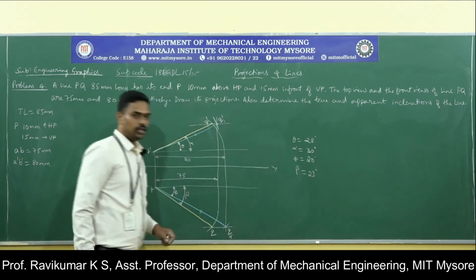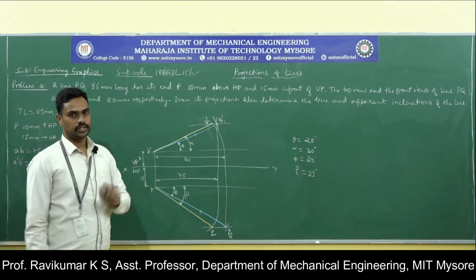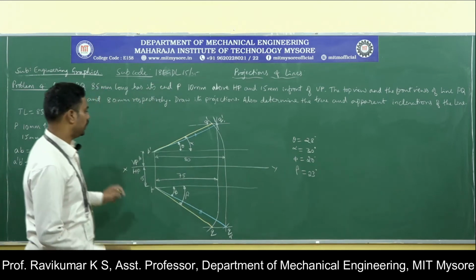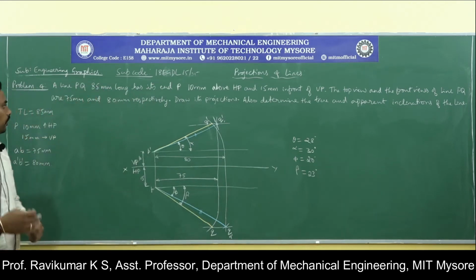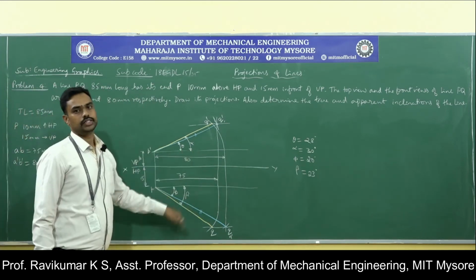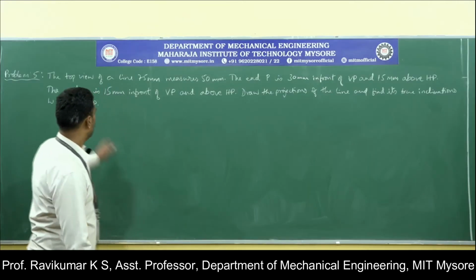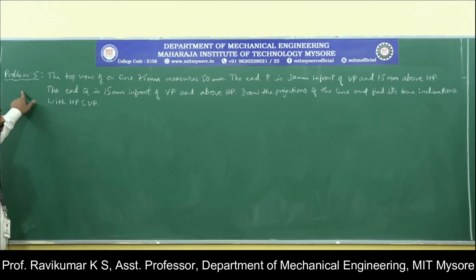So if you draw this problem to the scale in your sketchbook, you will get these answers. So this is how you need to solve a problem where the angles are not given, only the distances are given.